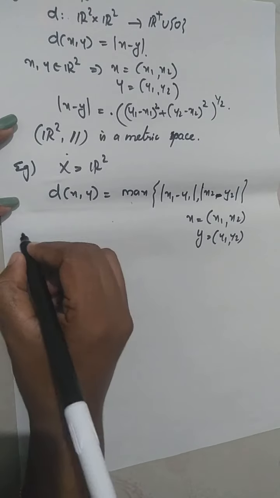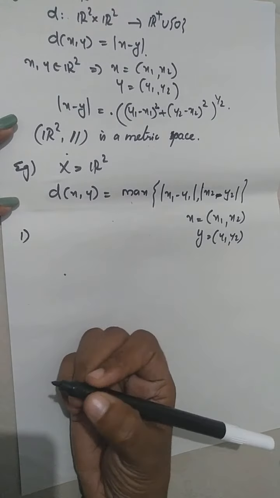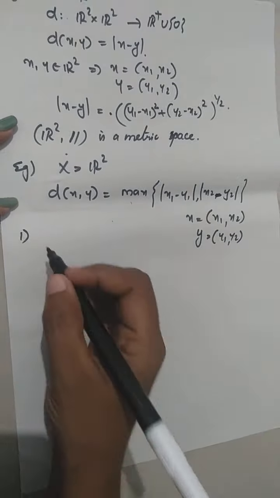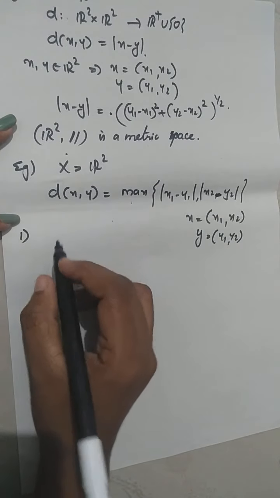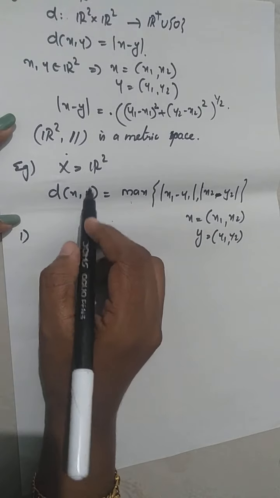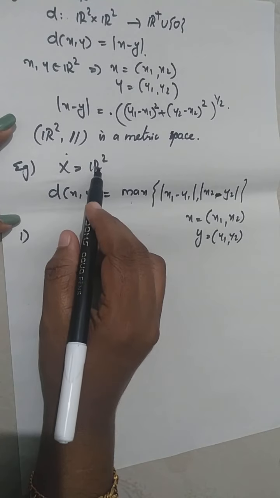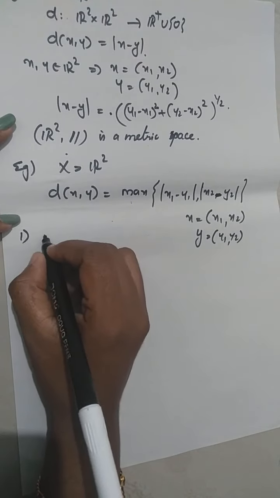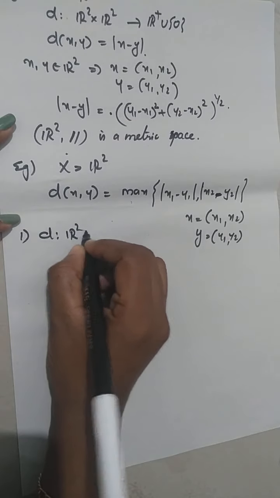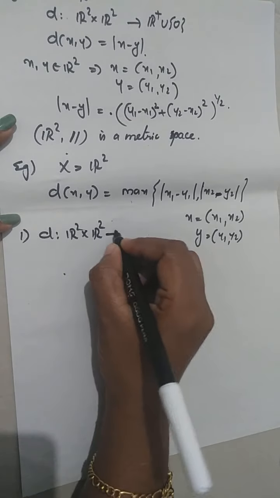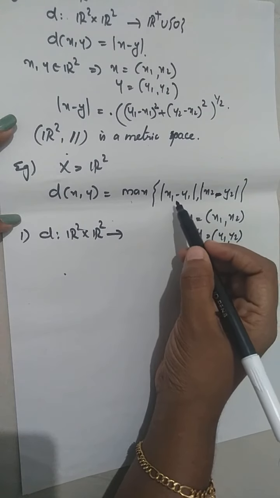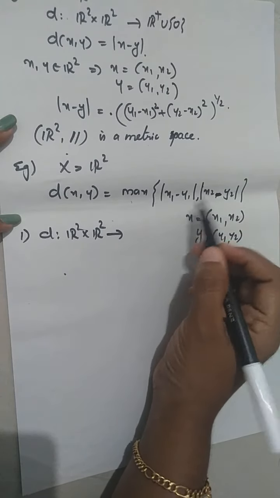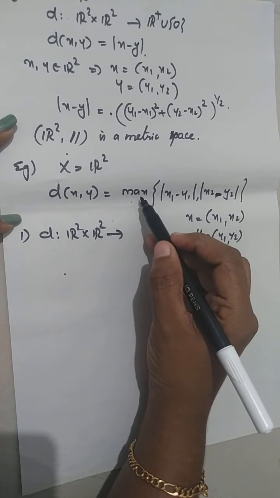So I have to verify all the properties of D. You can see that D is clearly a mapping from R2 cross R2 to R plus union {0}. The modulus of a number is always positive, so these two numbers are always positive, and their maximum will always be positive.